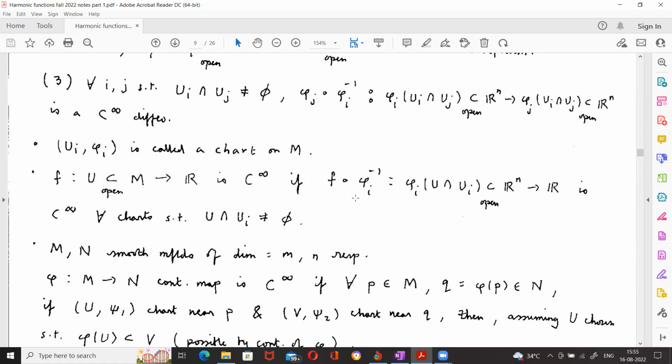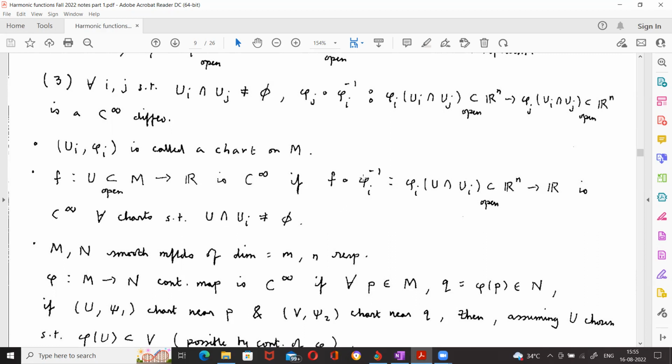When I compose with the inverse of a chart, that gives me a function from an open subset of Rn to R. I want this function to be smooth for all charts Ui which intersect the domain U of F. So when I look in a chart, my function, which is defined on the manifold, locally becomes a function on Rn, and that function should be smooth.